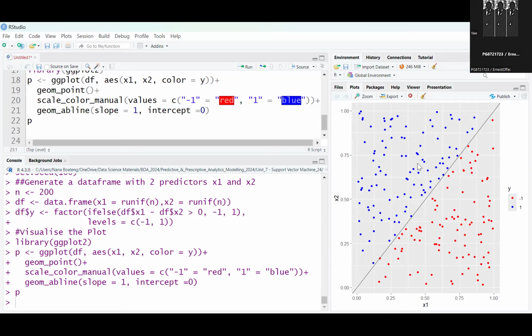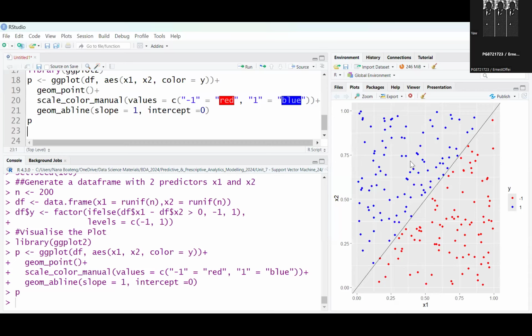Your hand is raised. Are you asking a question? Yes, Nana, please go ahead. I'm getting an error with the plots. Have you called ggplot from the library?